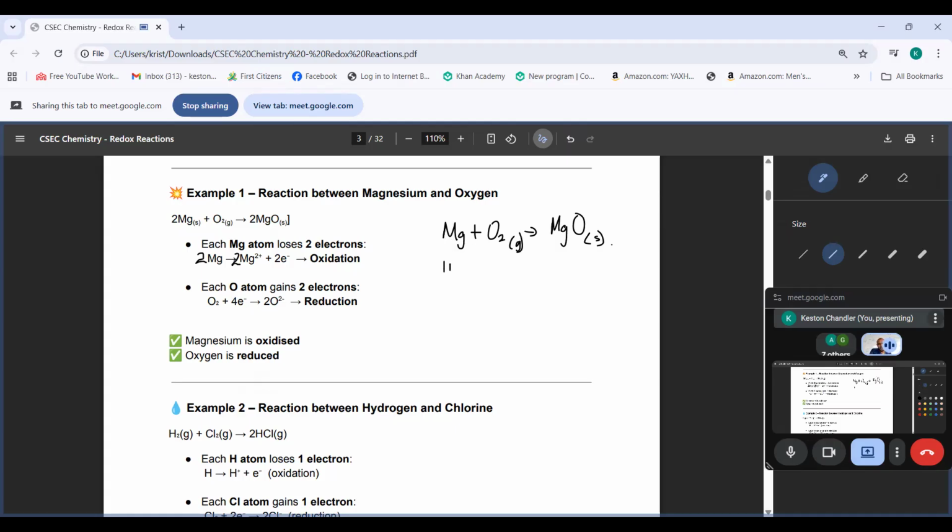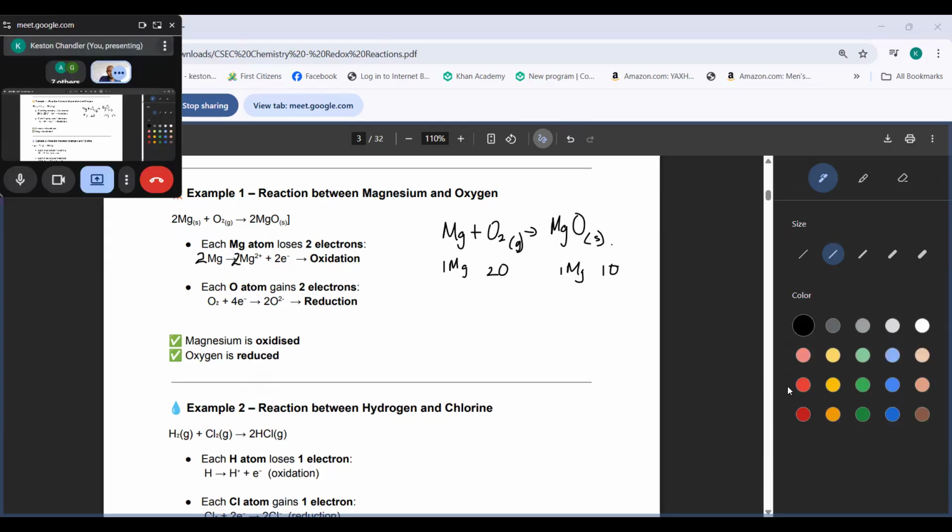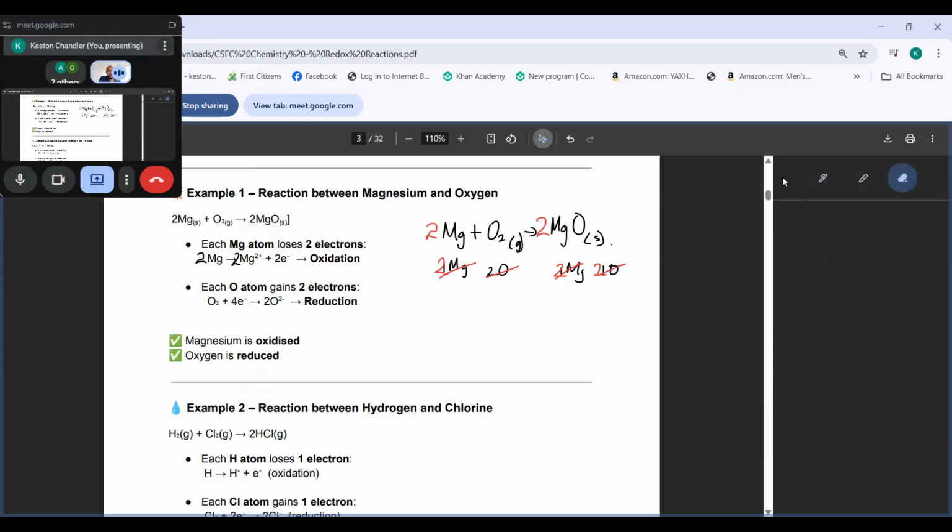We have 1 magnesium, we have 2 oxygens, we have 1 magnesium on this side, we have 1 oxygen. So we have to balance this equation, right? If we balance this equation, it would mean I need to put a 2 in front of here, changing this to a 2. And then I'll need to put a 2 in front of here, and that changes this to 2 and this to 2 as well. Now I'll be balanced because I have 2 Mg's on this side, 2 O's on this side. You okay with that part?